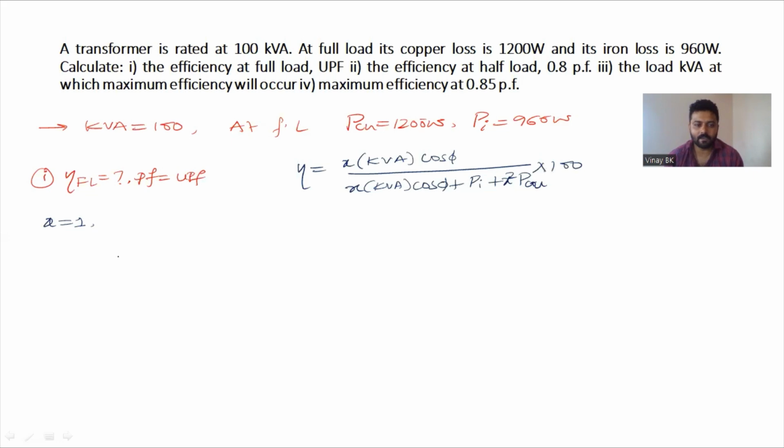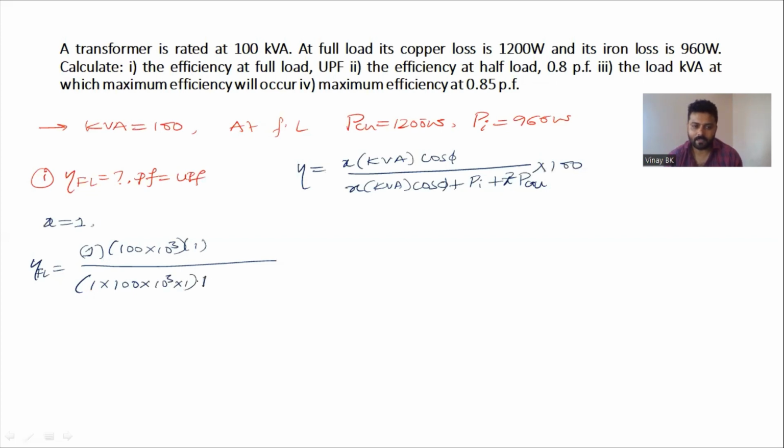Just substitute in this formula. Eta full load is given by X is 1, into kVA rating 100 into 10 to the power 3, since you write it in terms of VA, into power factor 1, divided by 1 into 100 into 10 to the power 3 into power factor 1, plus iron loss 960 watt plus X square, that is 1 square, into copper loss 1200 watt.